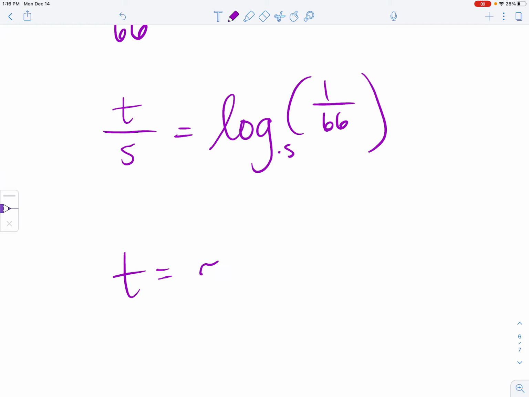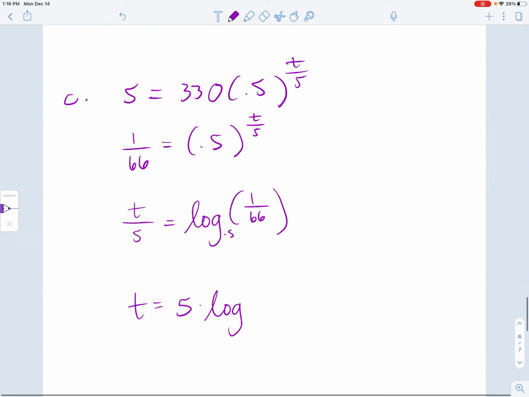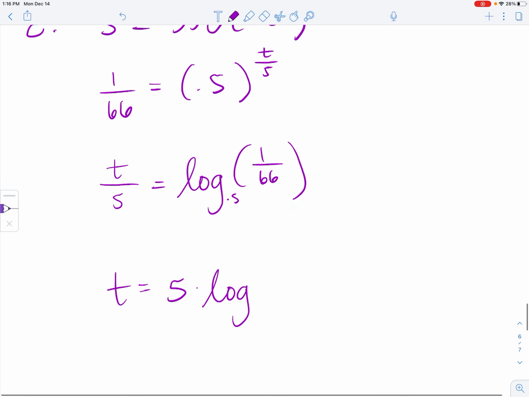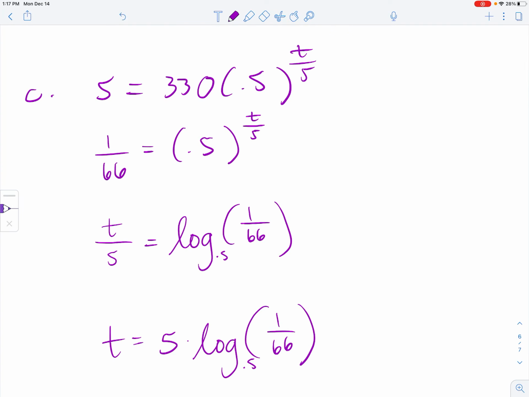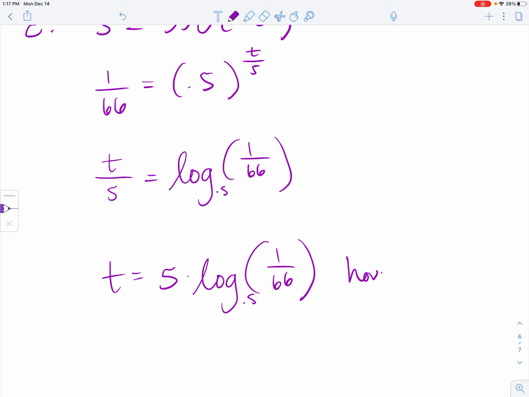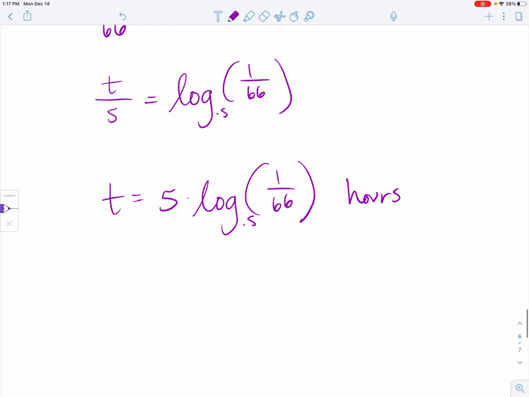And then multiplying by 5 on each side, you would get t equals 5 times the log base 0.5 of 1/66. And the units would be in hours. So this would represent the exact number of hours.